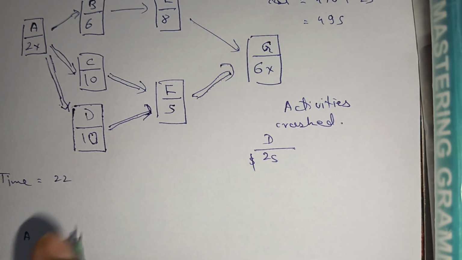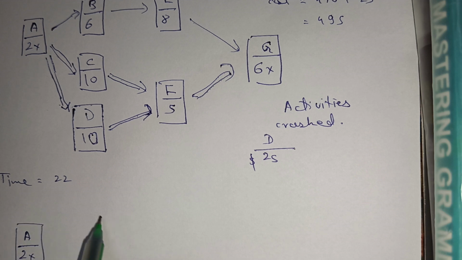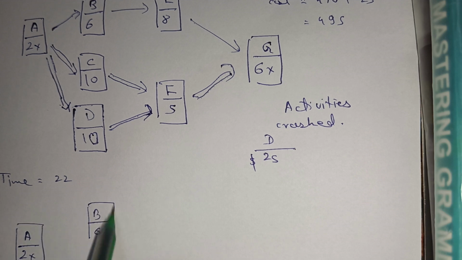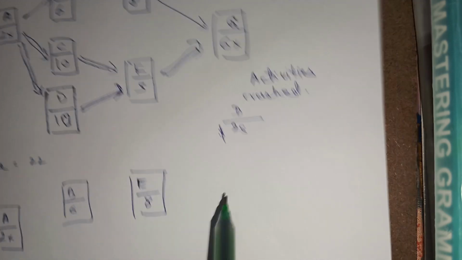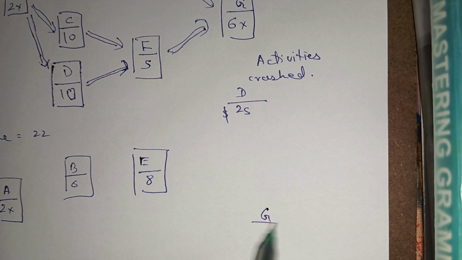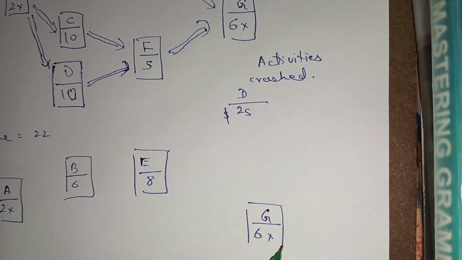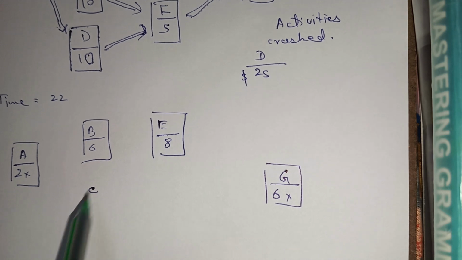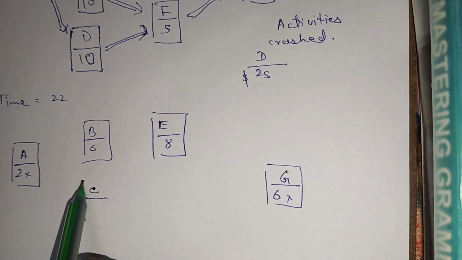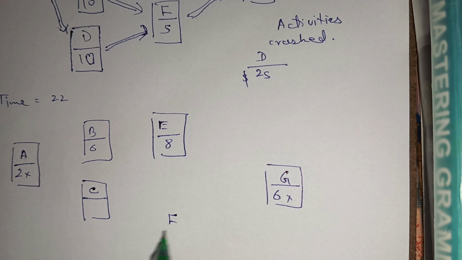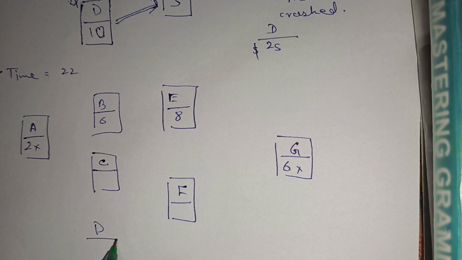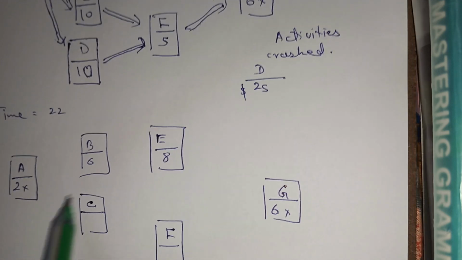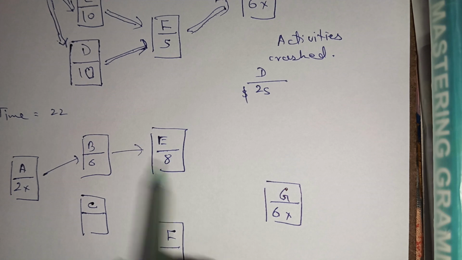A by 2x, B by 6, E by 8, G by 6x. C we will leave blank, we'll see. F again we leave blank, we will see. And D also we will leave blank. Okay, so it is like this as of now.